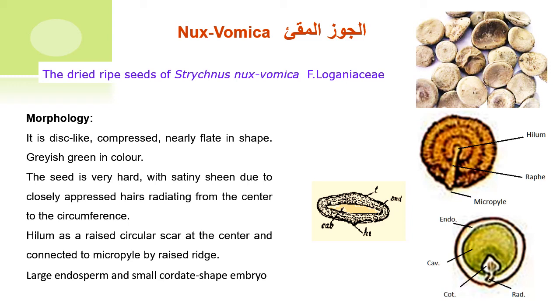The seed is disc-like in shape, compressed in the center, nearly flattened. Fresh seeds have a grayish green color, while dried seeds have a brownish color. The seed is very hard, with a satiny sheen appearance due to the presence of pressed hairs radiating from the center to the circumference of the seed.